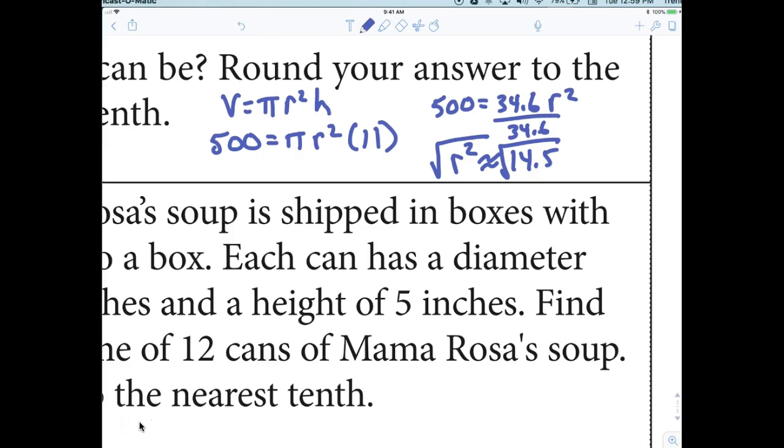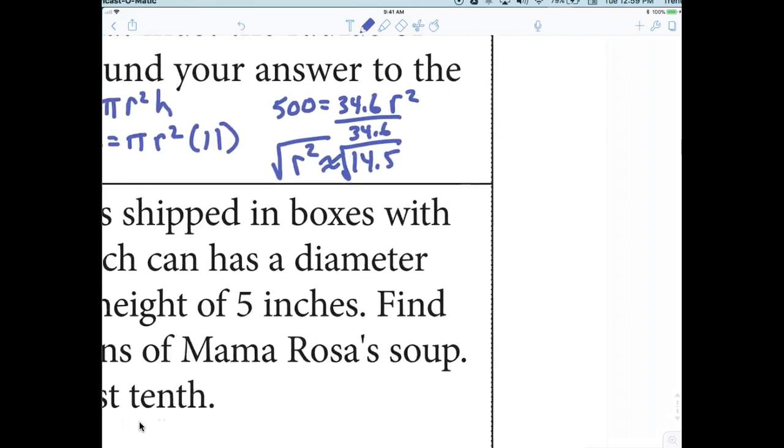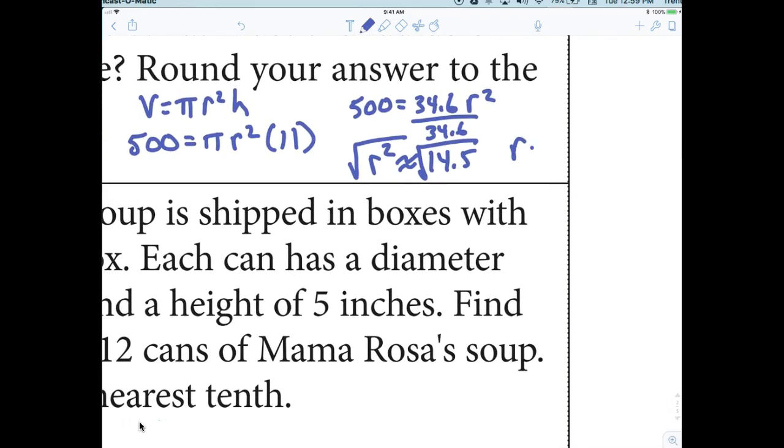They're inverses. They cancel each other out. All right? So if you take the square root of 14.5, that would tell you exactly what the radius should be. So the radius should be somewhere around what? About, somebody agree with him, about 3.8? Good job. 3.8, yeah.